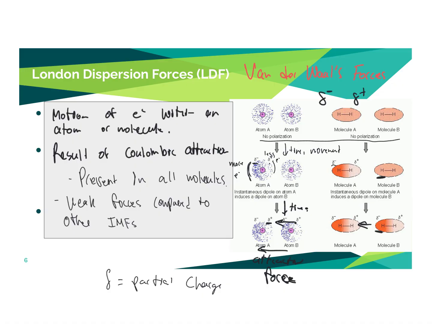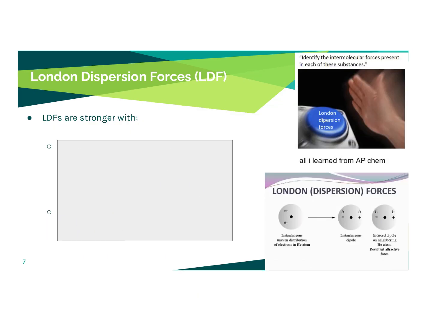Another trend that's really important to keep in mind is that LDFs, London dispersion forces, increase as molecular weight, or MW, increases. So the higher the molecular weight, the higher your LDFs. There are two other properties that also affect LDFs: polarizability and molecular shape.